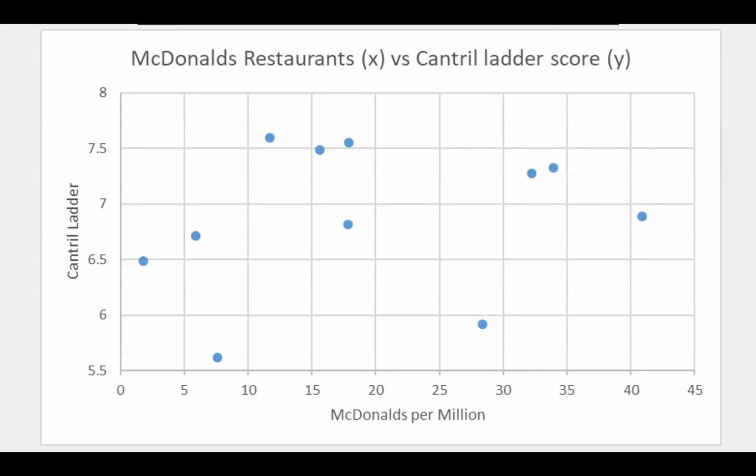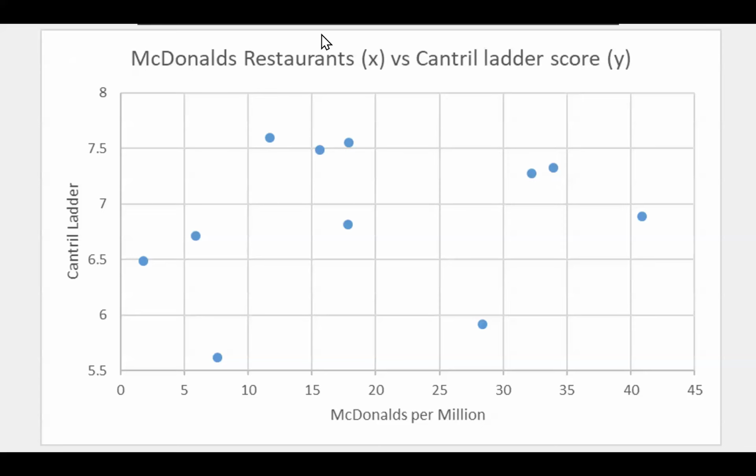We would say that these two things are not correlated because the R value is too low, it's close to zero. And we would guess that the number of McDonald's restaurants per million people really doesn't have any effect on the happiness level or the Cantrell ladder score.